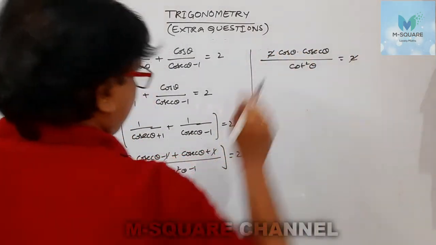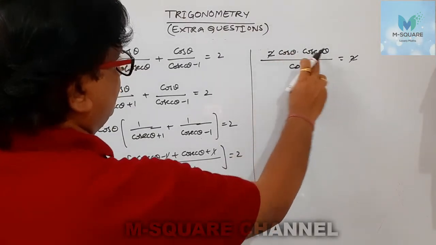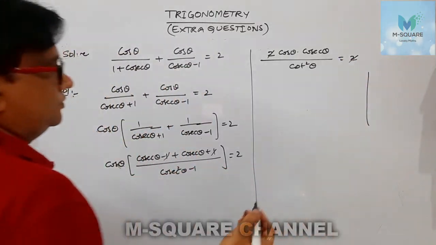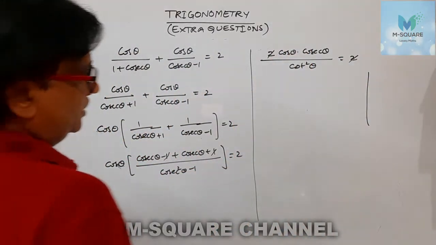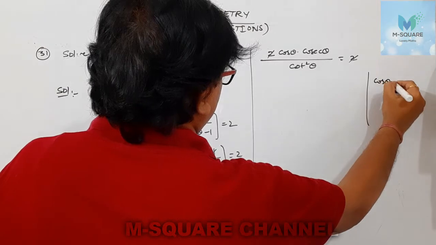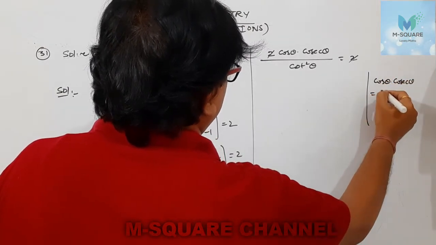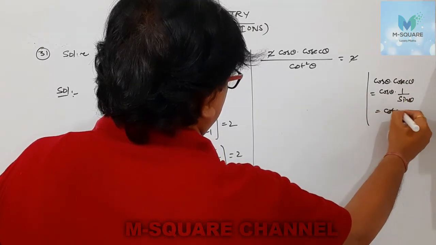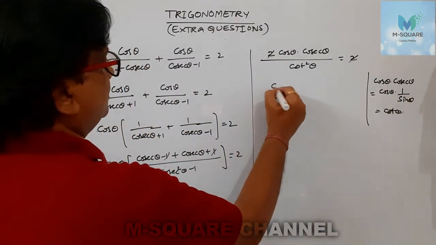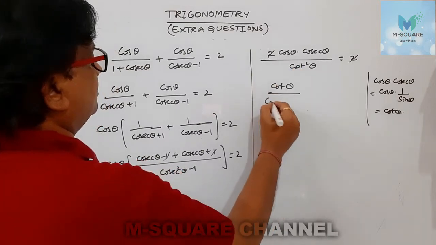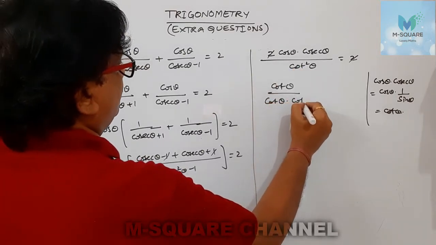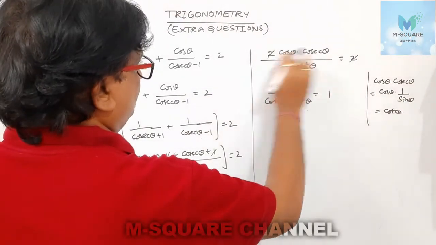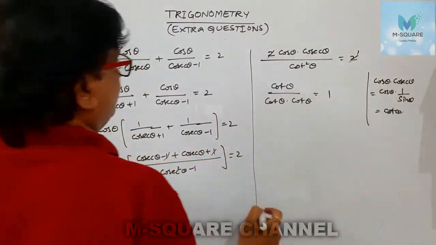Already in trigonometric forms you know that cos theta into cosecant theta is cot theta, because cos theta into 1 by sin theta is cos theta by sin theta, that is cot theta. So cot theta by cot theta into cot theta, cot square theta, equal to 1. Don't forget the 1s are cancelled.